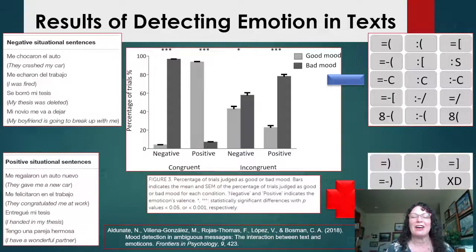Just kidding. It doesn't really negate the negativity in the message like we hope it will. It's almost equally likely. It is significant. This little asterisk here means it's significantly more likely that they'll assume the sender's in a bad mood, but it's not that different. It's almost as ambiguous as if you hadn't even bothered putting the emoticon there.